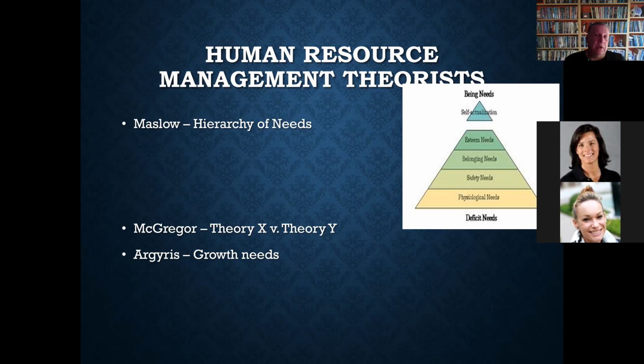You get to a situation in human resource management theory where you allow people to self-actualize and develop skills and develop themselves as human resources, even if it means that they will eventually leave the organization. If they develop as human resources and then take their skills elsewhere, under human resource management theory, that's okay, because your goal is developing them as human resources, not just what they can give back to the organization.